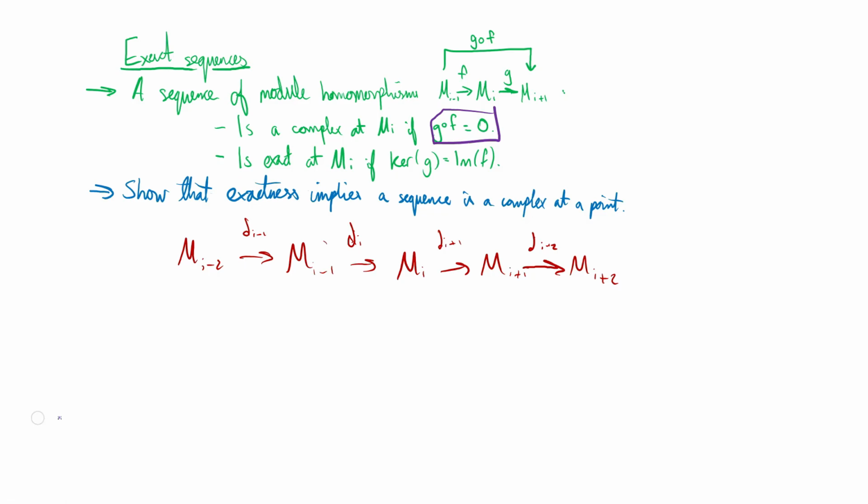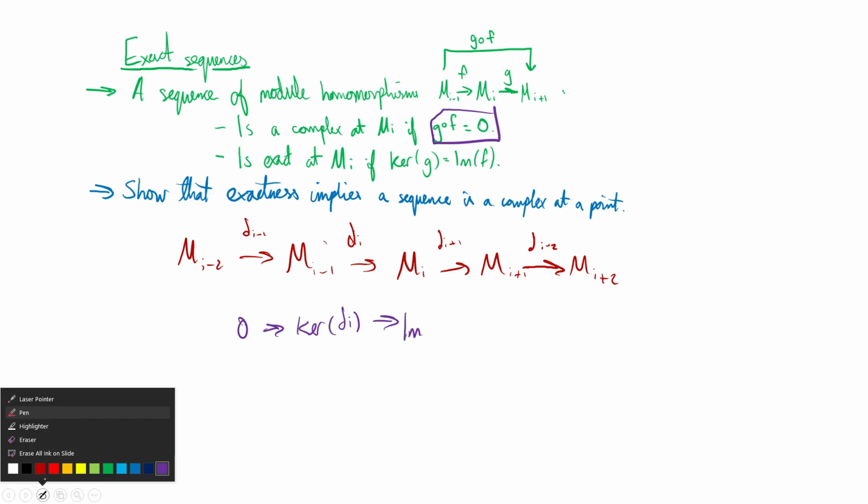I guess I can just, okay, 0 to di. I think it's image into kernel of di plus 1.